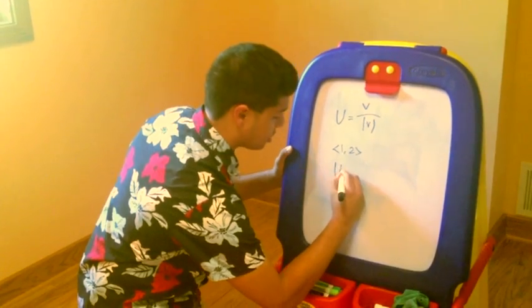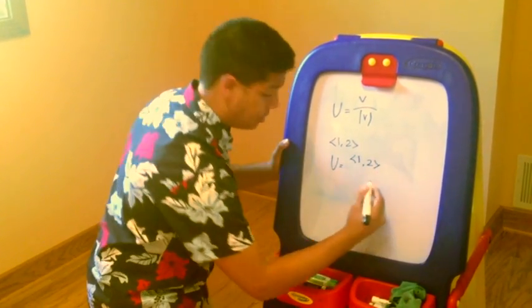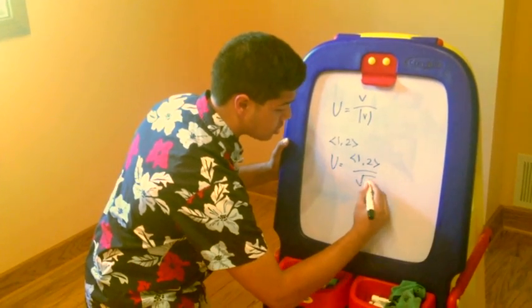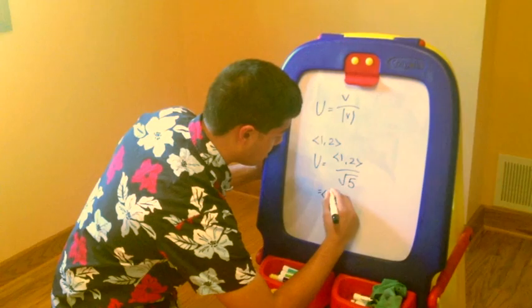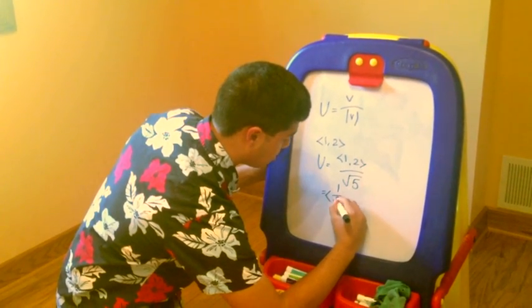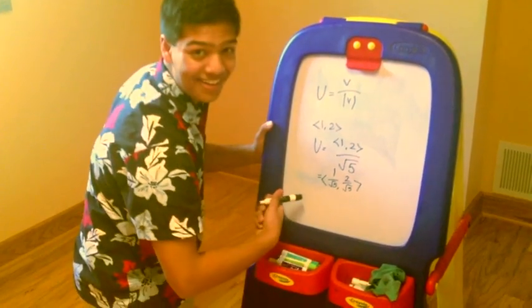Our unit vector is going to be this vector divided by the square root of 5, which equals that.